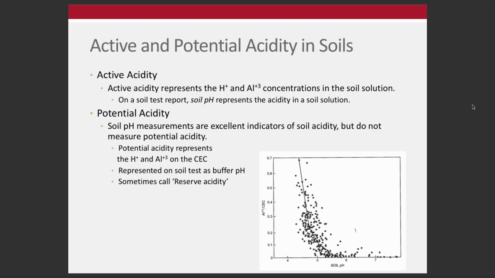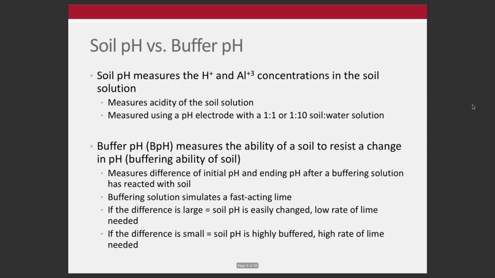These are more concepts, but we measure them with two indicators that are very common on a soil test: soil pH versus buffer pH. These are easily confused because of the names, but they're different in terms of what they actually reflect. Soil pH measures that active acidity.